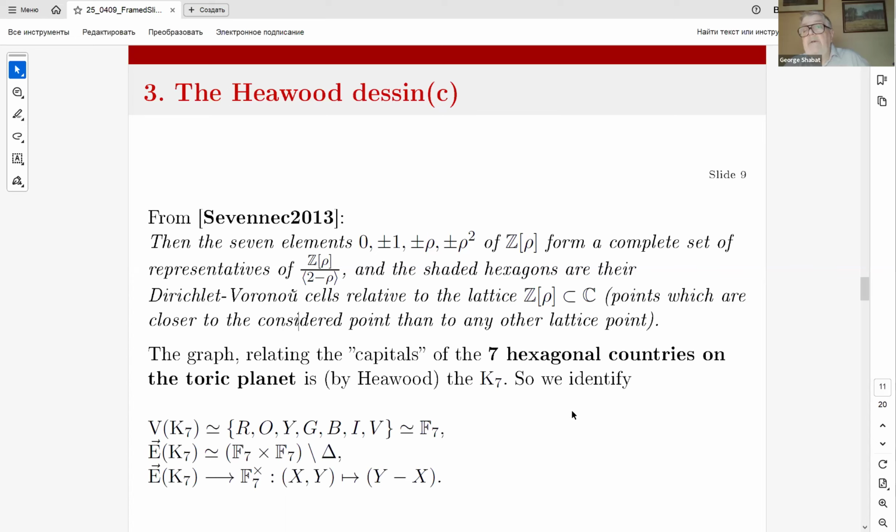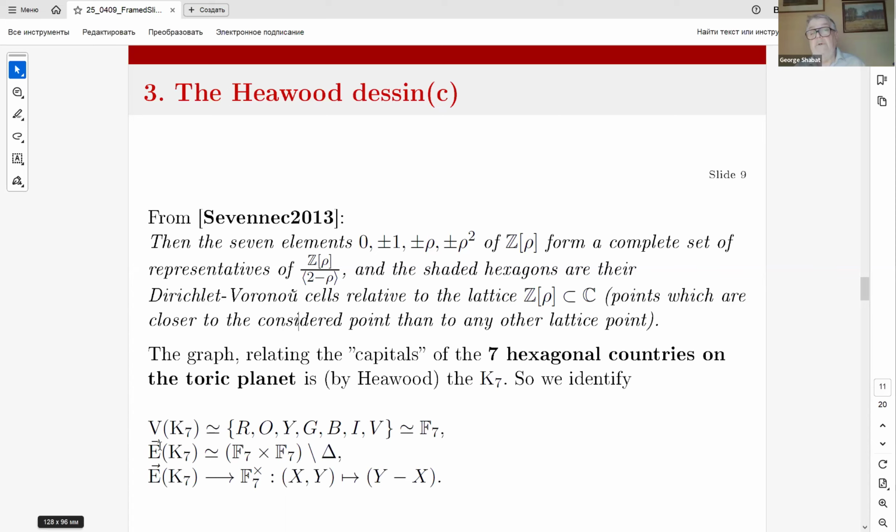It just tells us that the dual graph, the graph of, say, the roads from the capital to all the neighboring capitals, is the complete graph K7. And now let us do our standard identifications. So the vertices of the complete graph are now identified with the colors, and at the same time with the elements of the field of 7 elements.